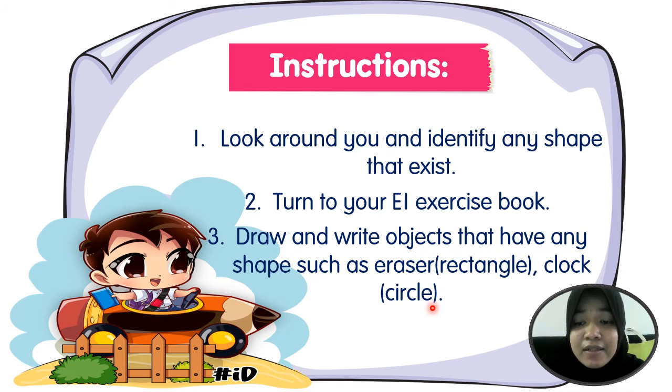Okay? But then, the most important thing is that you have to identify and look around. Saya nak kamu perhatikan apa sahaja objek yang menyerupai, yang ada bentuk-bentuk yang kita dah belajar. Okay, boleh kelas? Okay, it's going to be a fun activity because I believe that you are going to find as many objects that you can. Okay?